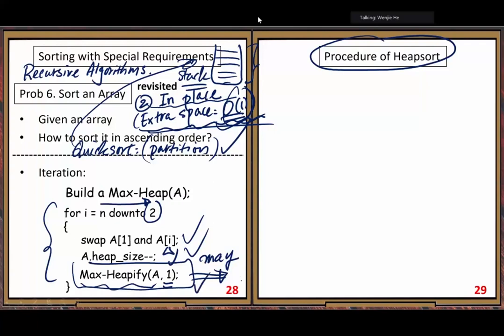In order to get an in-place algorithm, no recursion. And another place you need to avoid recursion, this build max heap: no recursion.